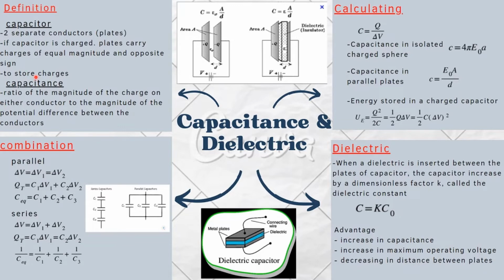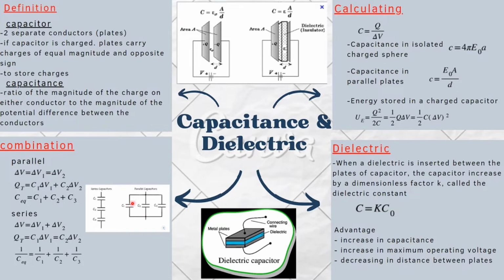Then we move to the next, which is the series combination. For the series combination, the charge across the combination is equal to the charge of the first, second, or third capacitor, all of which are the same.